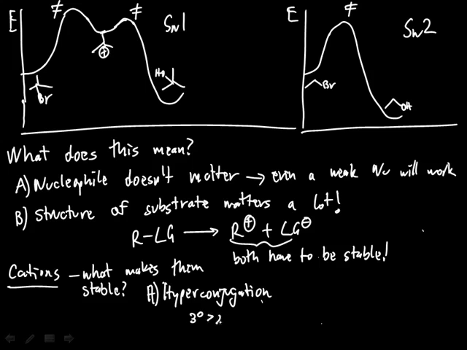So our order of stability is tertiary better than secondary, better than primary, and then better than methyl cation. And the rate of Sn1 reaction parallels this trend.